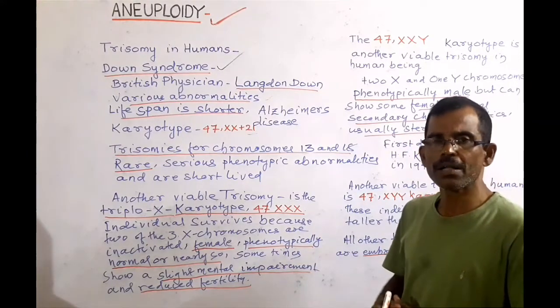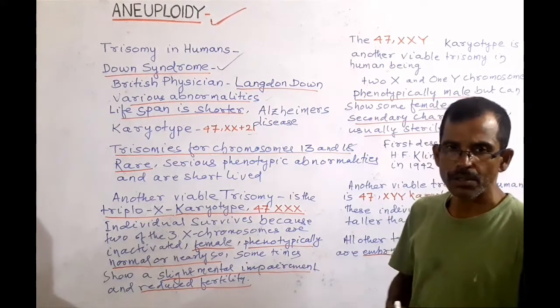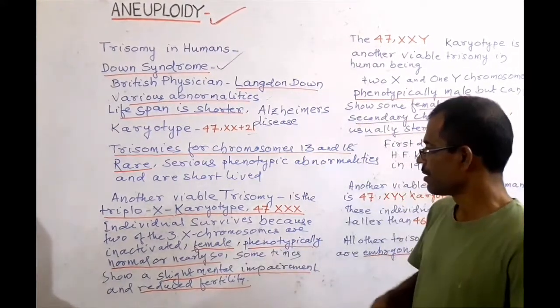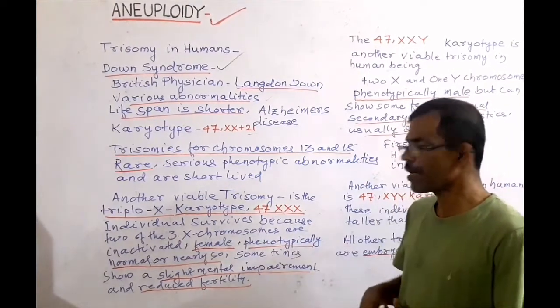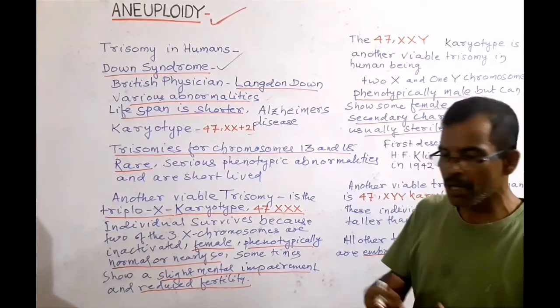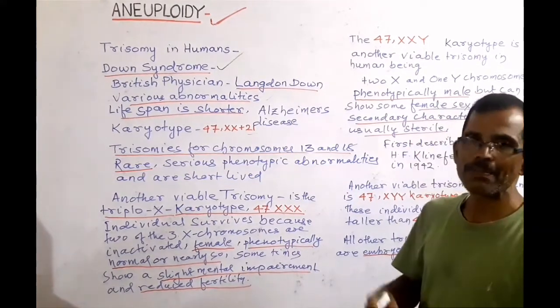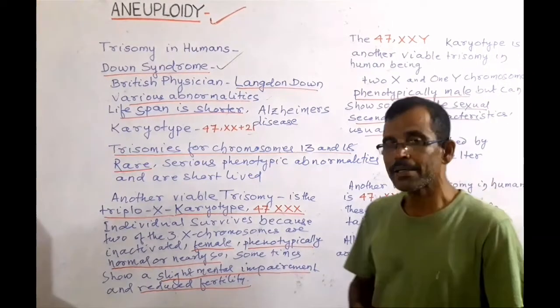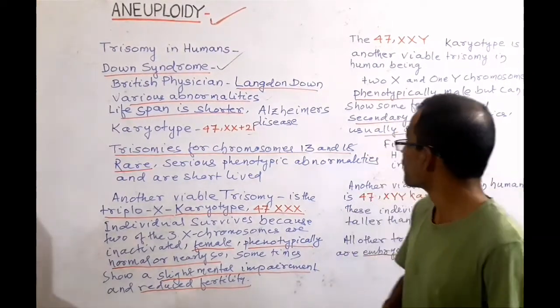But the individuals survive because 2 of the X chromosomes are inactivated. Such individuals are female, phenotypically normal or nearly so, but sometimes they exhibit mental impairment and reduced fertility.